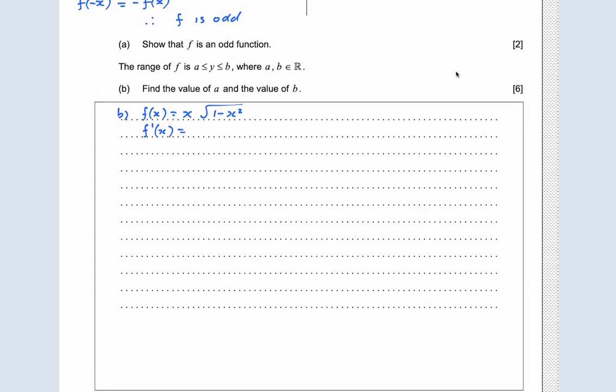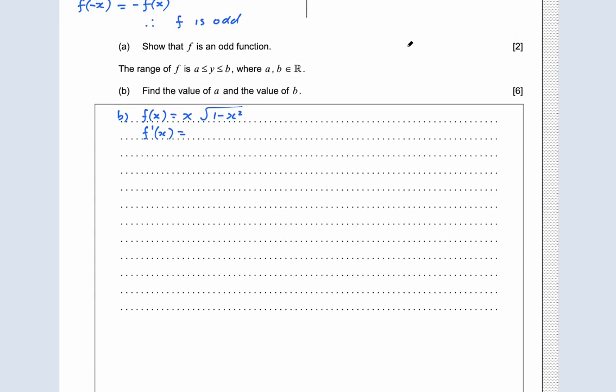so again, guys, for the sake of space, I'm going to do it here. u is equal to x, and v is equal to 1 minus x squared to the power of a half.